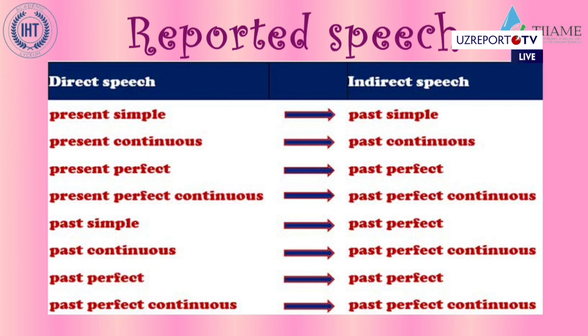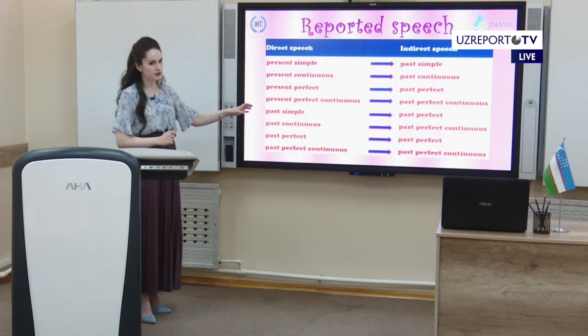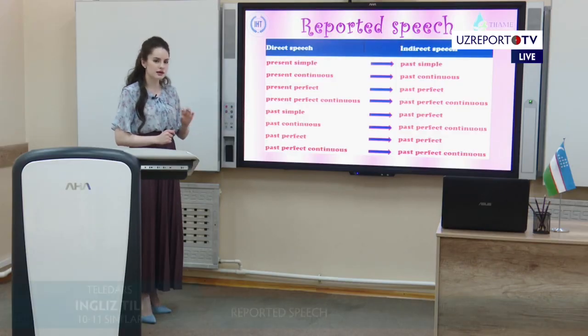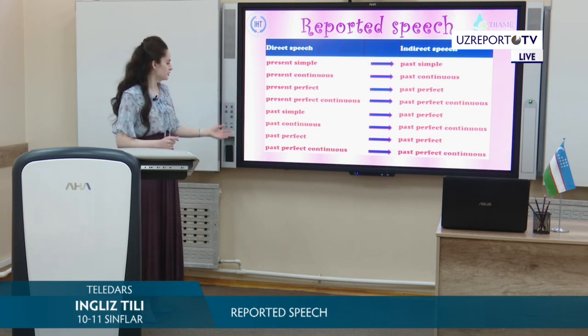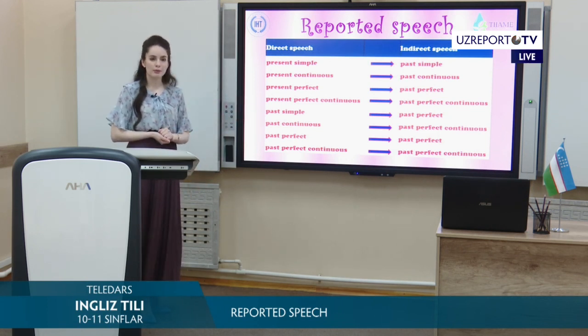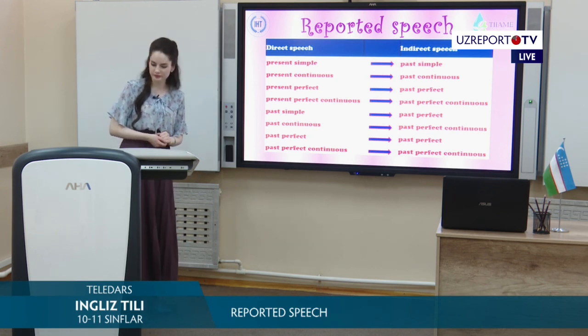Please look there, and as you can see, past perfect I fixed there even 3 times in that column, and past perfect continuous was fixed also 3 times. So it's not a mistake, it's okay. You should remember some tenses like past perfect and past perfect continuous. As you can see, they stay without any changing. Can you see past perfect? It will stay past perfect, and past perfect continuous will stay past perfect continuous also.